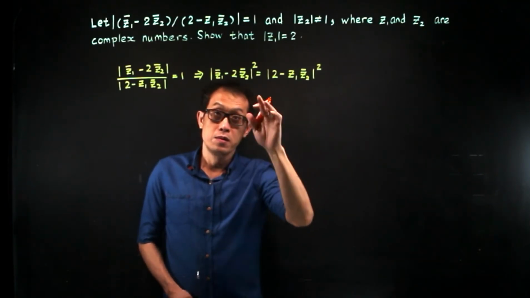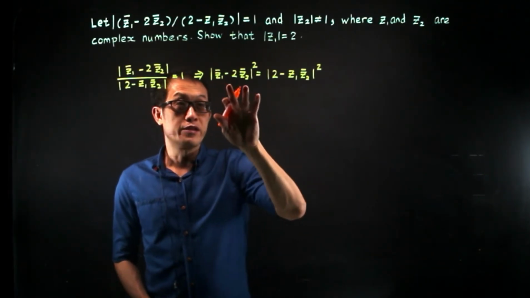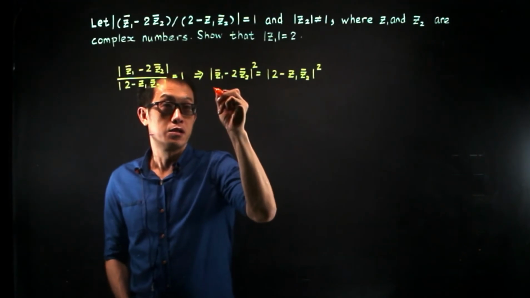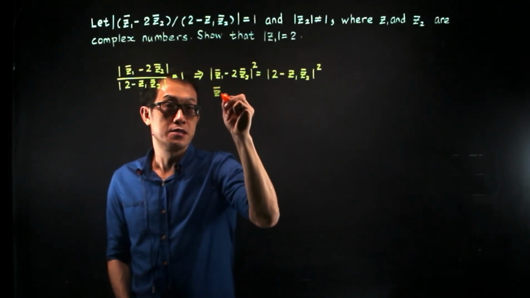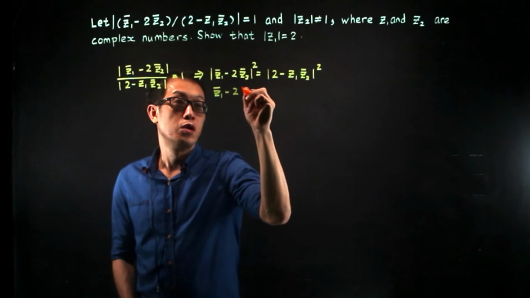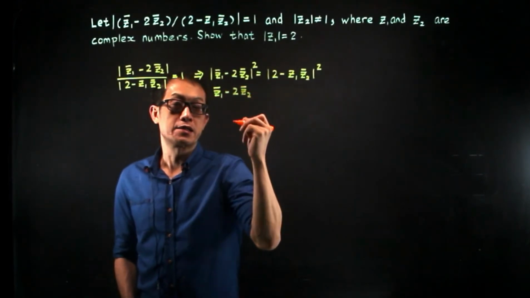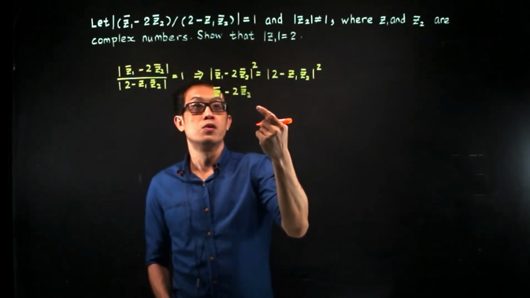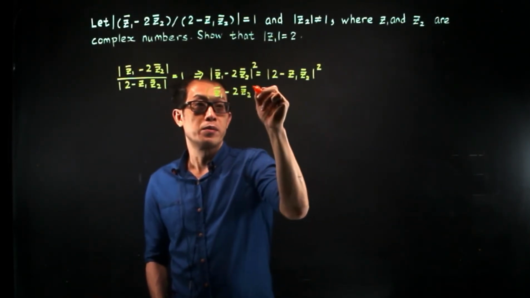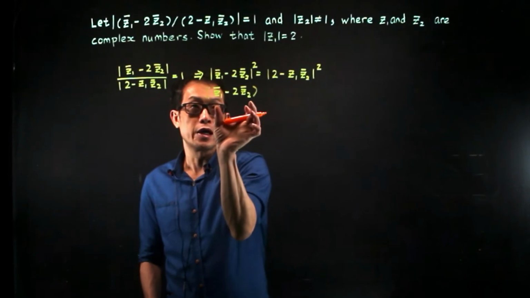Now, the modulus squared of this will be equal to the complex number conjugate z1 minus 2 times the complex conjugate z2. Now, this will be equal to this times the conjugate of this.